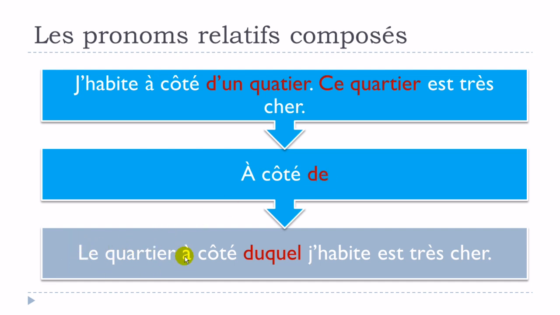So, le quartier, first position, then à côté duquel. We keep this à côté de, and then we combine it with lequel, so it will become duquel. Then we put back our verb from the first sentence, j'habite, and then we put the rest of the second sentence at the end, est très cher. And we get this beautiful sentence, le quartier à côté duquel j'habite est très cher.